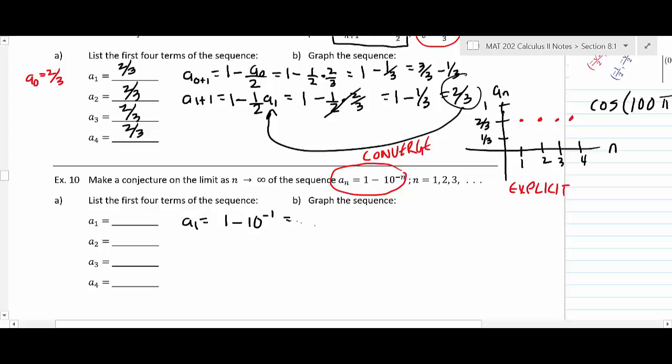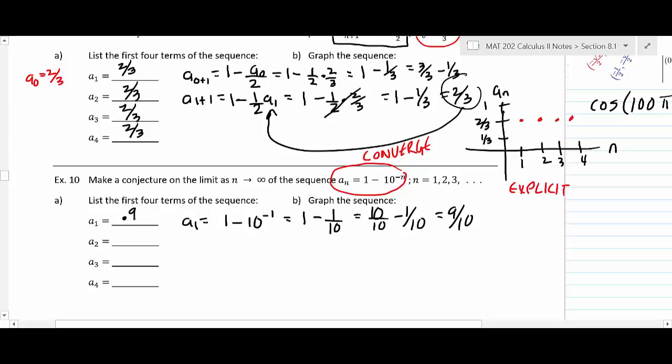I don't think you need one. So that would be 1 minus 1/10, like that. Okay, make the exponent positive. So that's going to be 10/10 minus 1/10. So that's going to be 9/10. And I'm going to go ahead and just write that as a decimal. So let's just divide by 10, you get 0.9 like that.